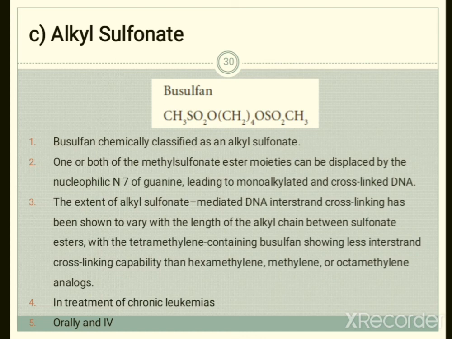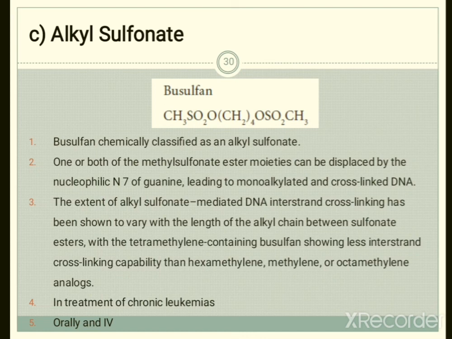The extent of alkyl sulfonate-mediated DNA interstrand cross-linking varies with the length of the alkyl chain between the sulfonate esters, with the tetramethylene-containing Busulfan showing less interstrand cross-linking capability than the hexamethylene, methylene or octamethylene analogs. So the alkyl sulfonates mediate DNA interstrand cross-linking.